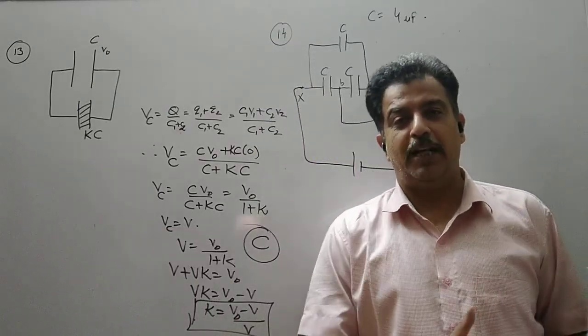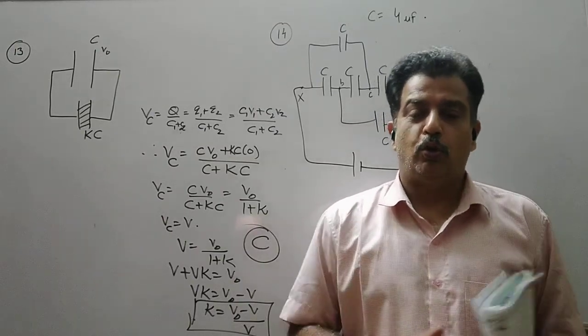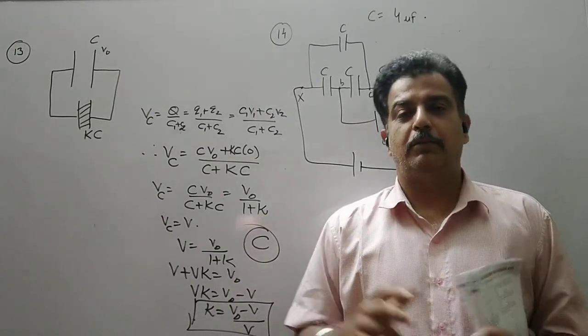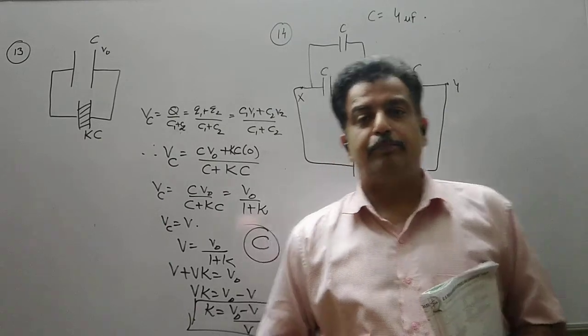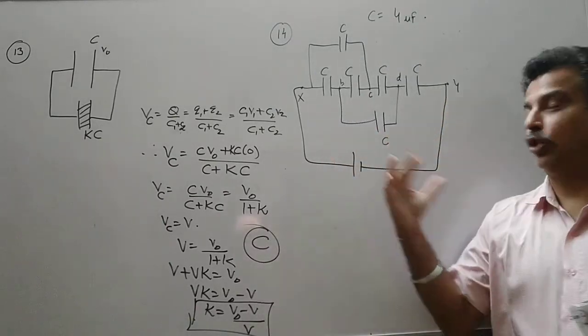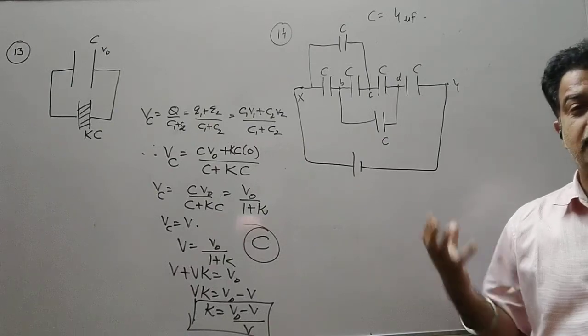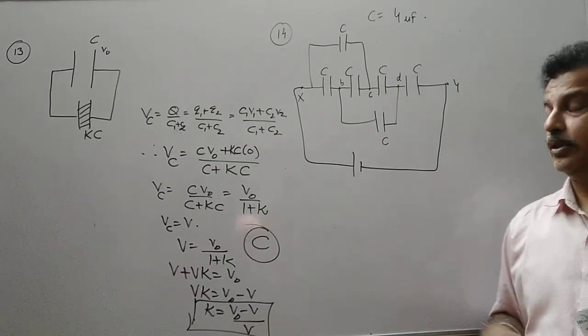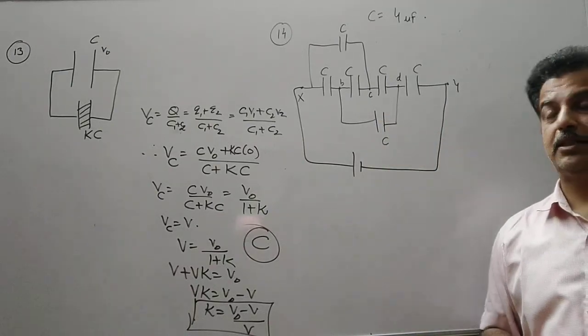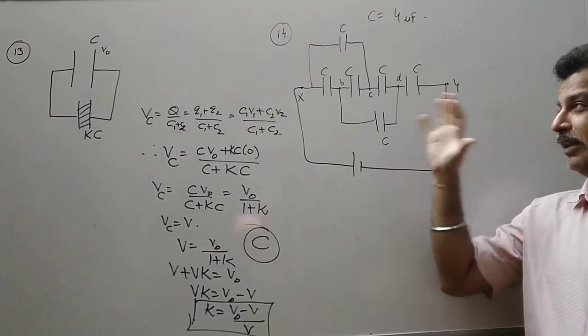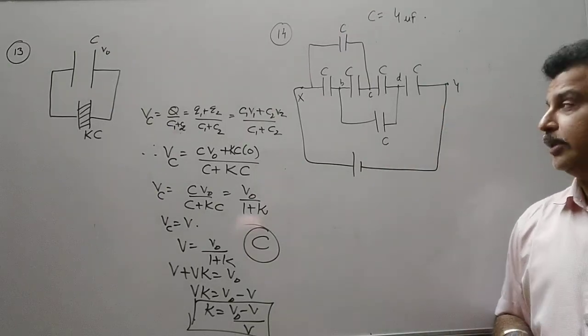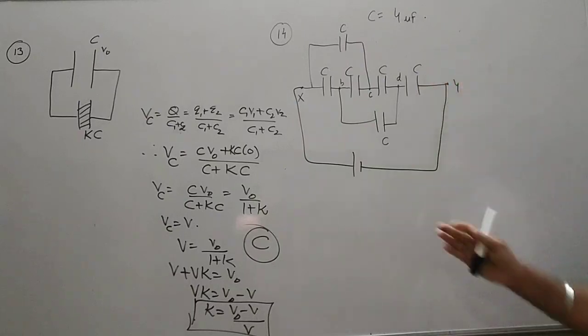If it is not balanced, we know that you have to go for Kirchhoff's law. But most of the time the bridges are balanced, whether it is resistors or capacitors. Even if there are 6 capacitors or 6 resistors, we can go for a Wheatstone bridge. How can we go for it?